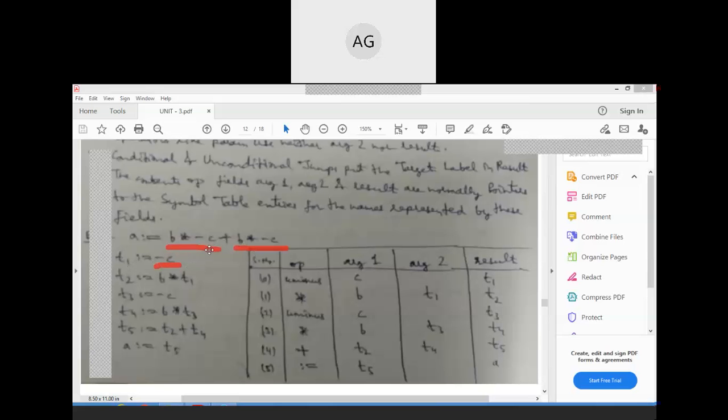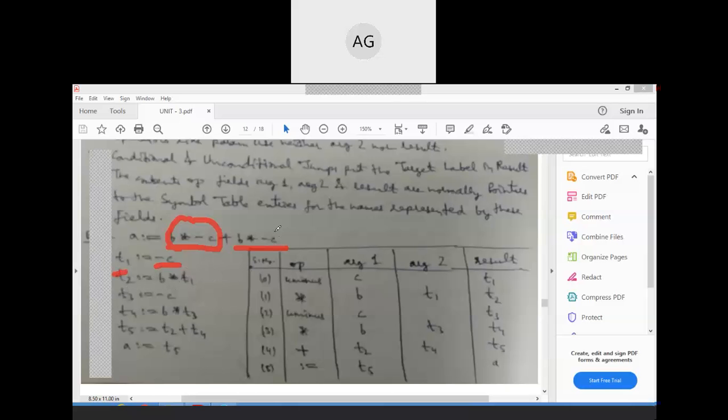Now the second statement is b into t1, because we already stored the value of minus c in t1. So b into t1 is stored in t2.